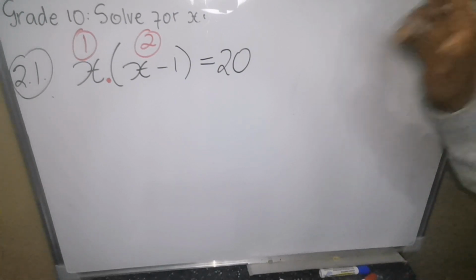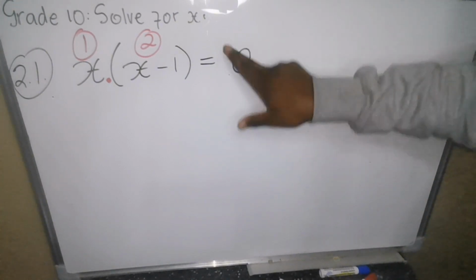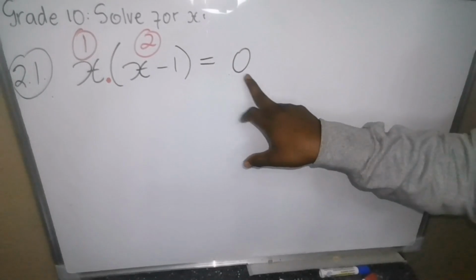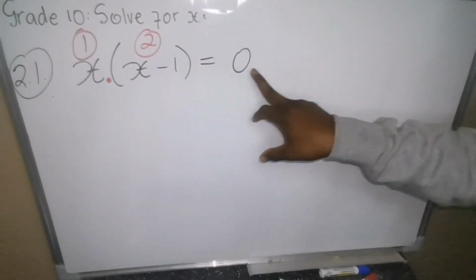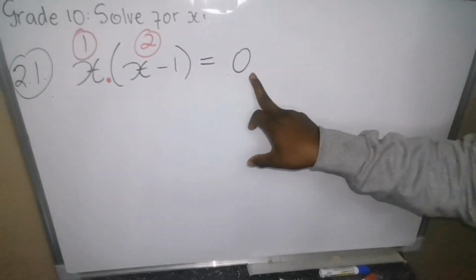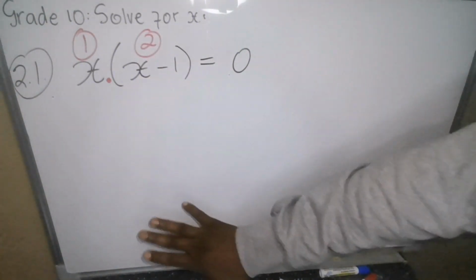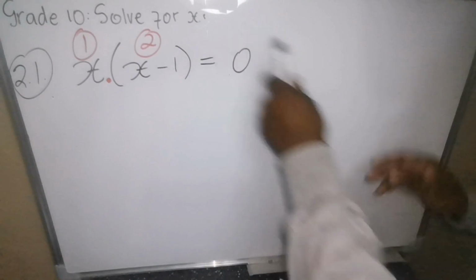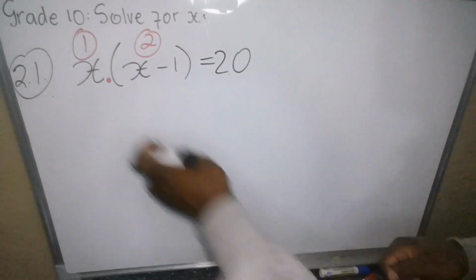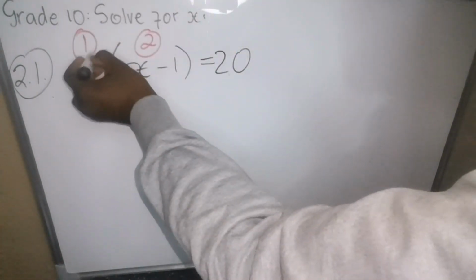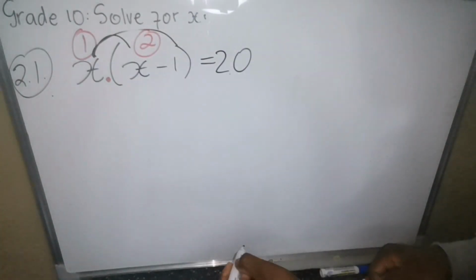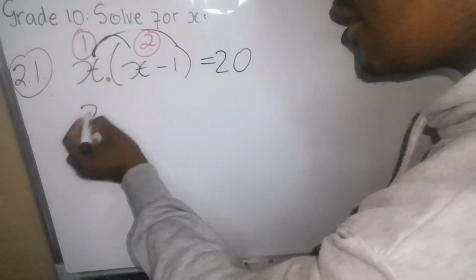But if you had 0, you're going to say the first product equals 0 or x minus 1 equals 0. Then you solve for x. But right now you've got 20. Therefore, you're going to multiply the brackets out. x times x, x times negative 1. x times x, x squared.